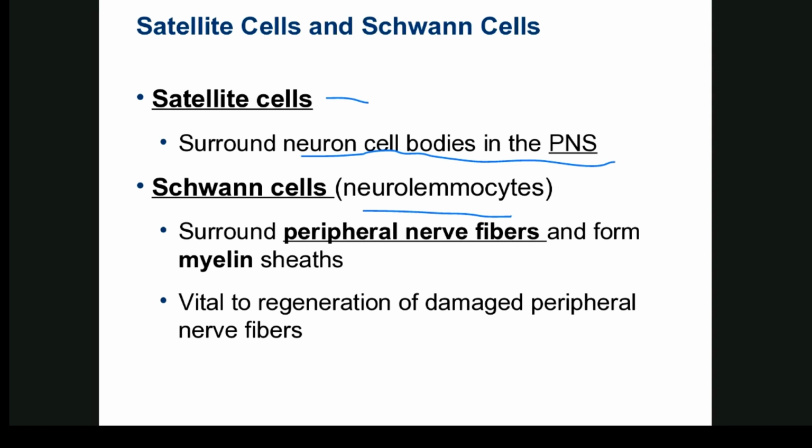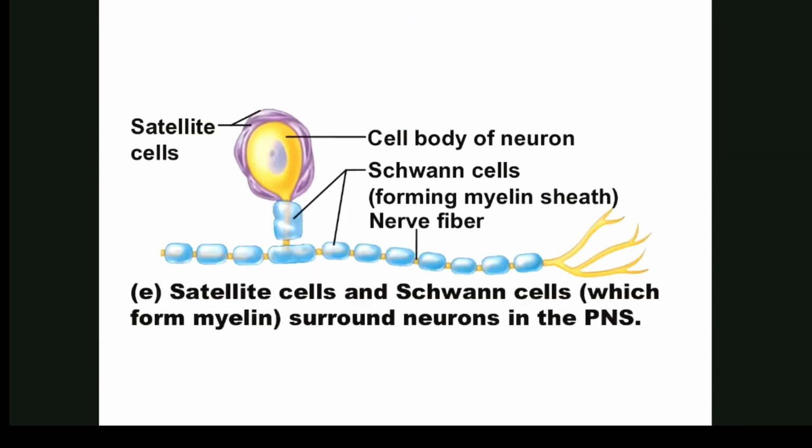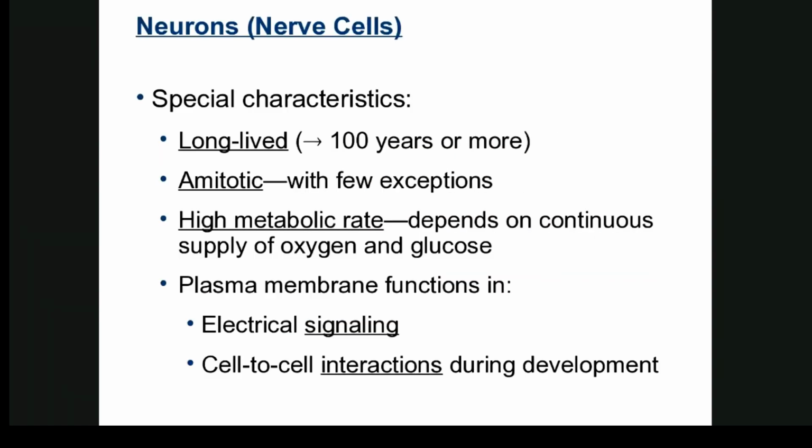Also, if a peripheral nerve fiber, maybe the end of an axon, is damaged, they can help patch it back together. And here we have our satellite cells, as well as our Schwann cells. They're the little blue balloon-looking things that wrap the axon individually. If you had a small enough group, they may be bundled.